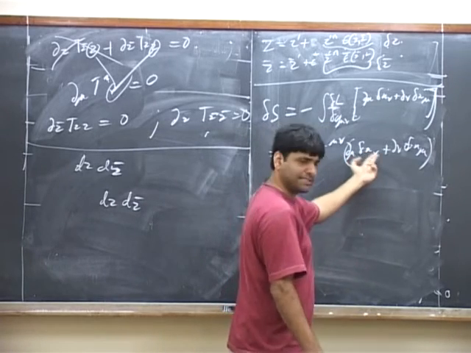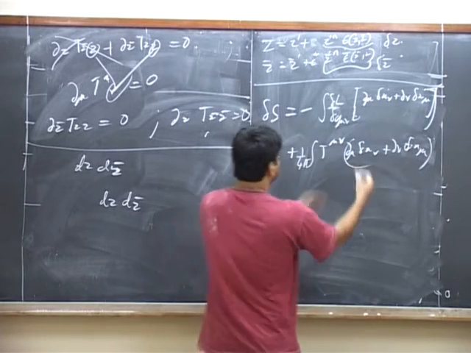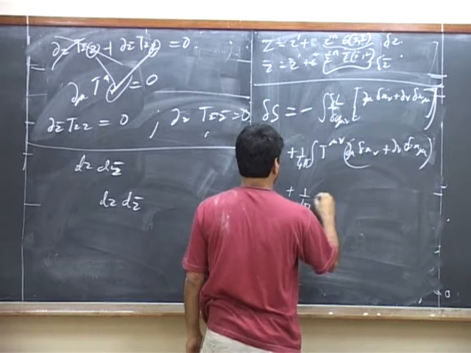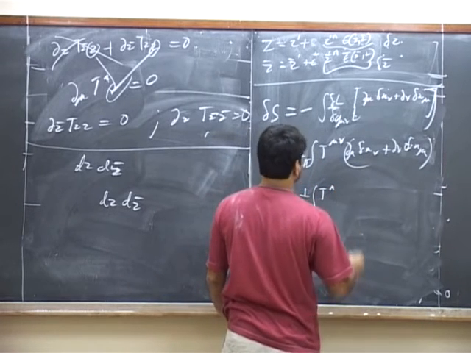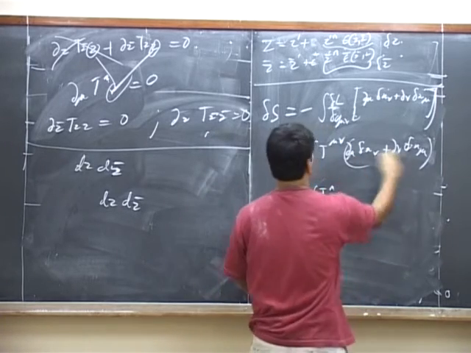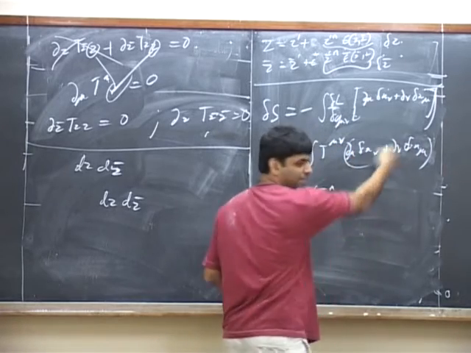Now we know what our delta x mu's are. Let's write this as plus 1 by 4 pi T mu nu. Now this is symmetric, so I don't need to keep track of both of these.